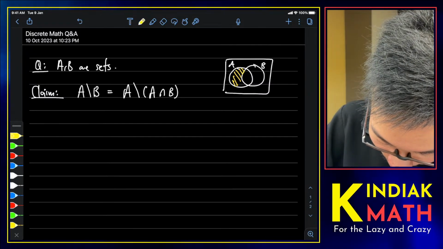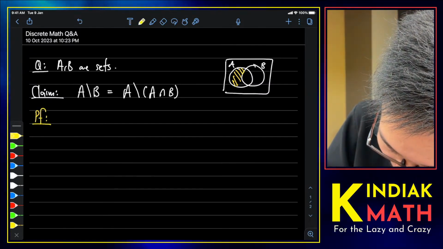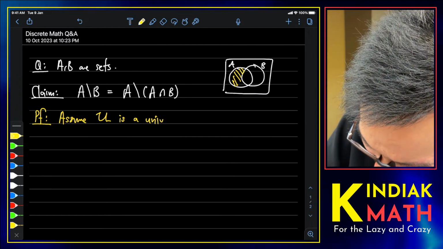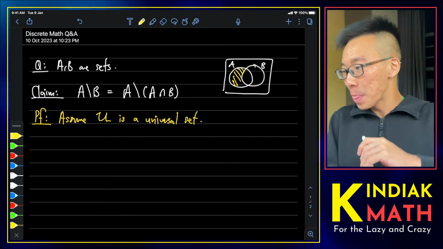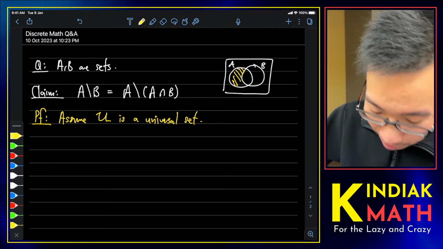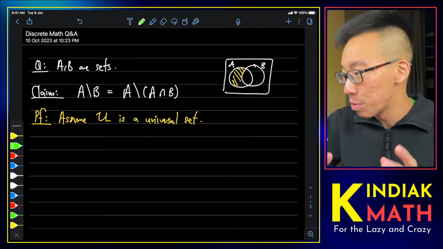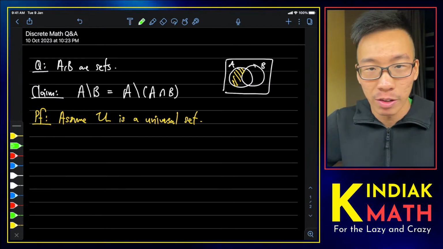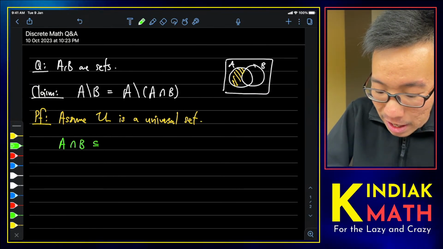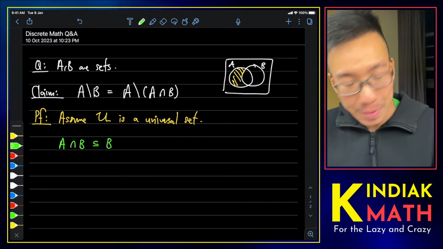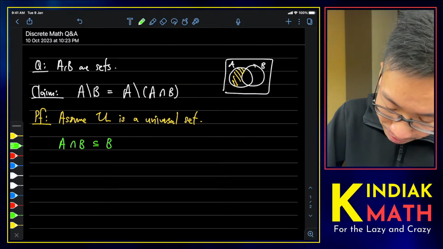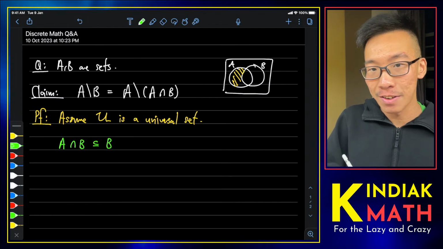Alright, so we're going to prove our result. For simplicity, we'll assume that we have a universal set U. The first observation, which we have proven before in the streams, tutorials or lectures, is that A intersect B is a subset of B. Since we're proving set equality, we need to prove that the left side is a subset of the right side and vice versa.